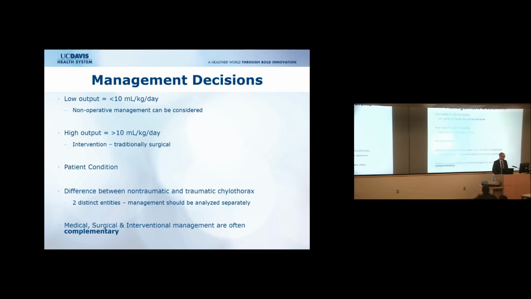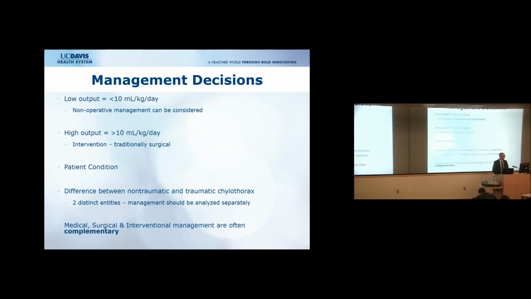Now, I think it's important to differentiate, as we're specifically speaking mostly about traumatic causes of chylothorax in this setting, because we're surgeons, that non-traumatic and traumatic chylothorax are really two different entities and should be managed and analyzed separately. Obviously, some of the medical causes include lymphoma and other causes of thoracic duct obstruction leading to perforation.